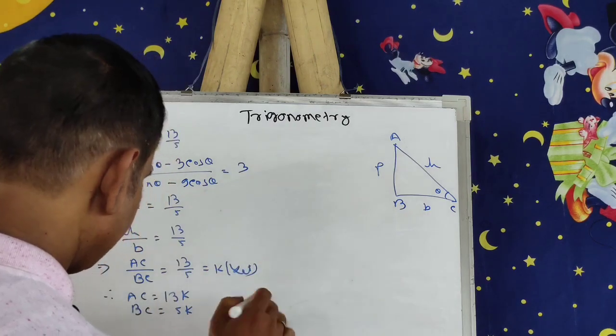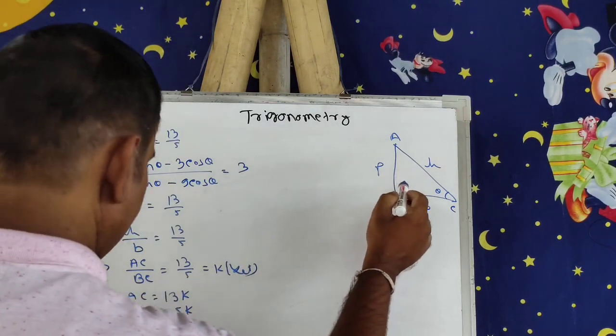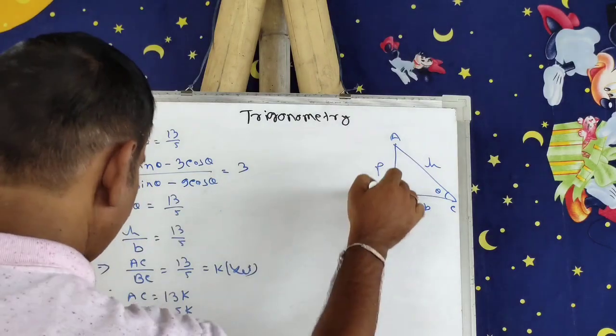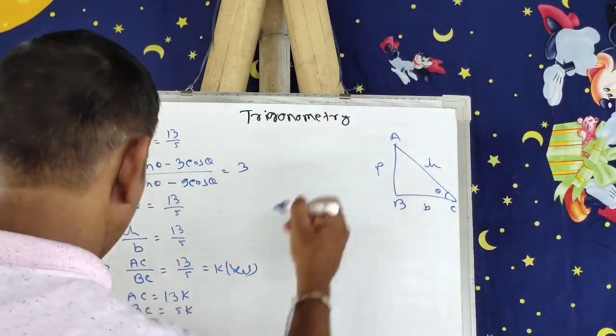Therefore, from the Pythagoras theorem, you need to find out AC, BC and AB. You need to find out the value of AB now.